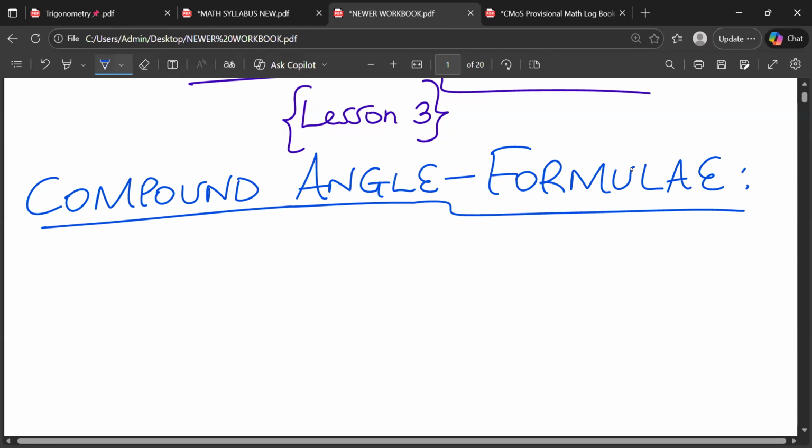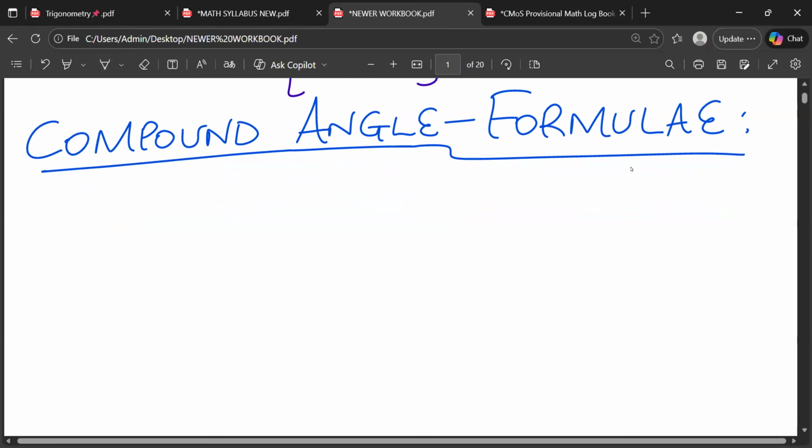Okay, now compound angle formula is going to be divided into a lot of things, but we are going to follow the very order that we have in our logbooks.